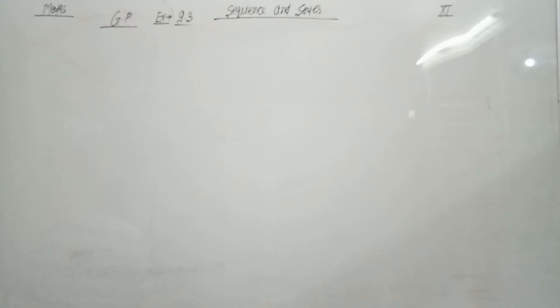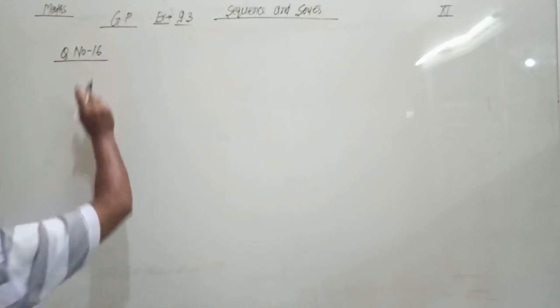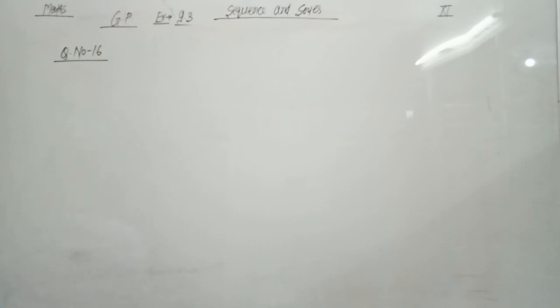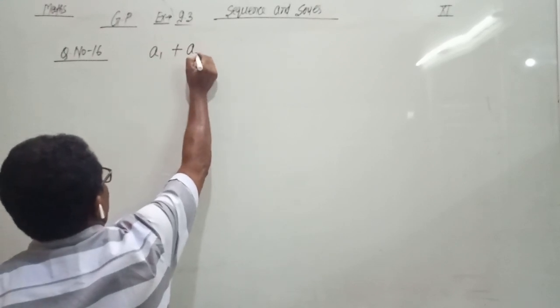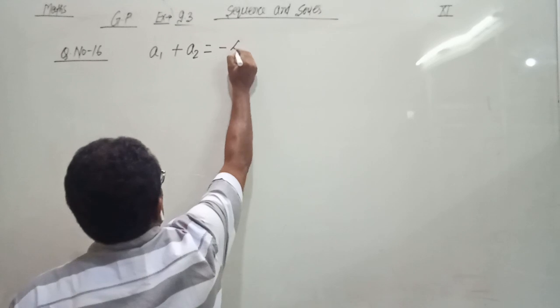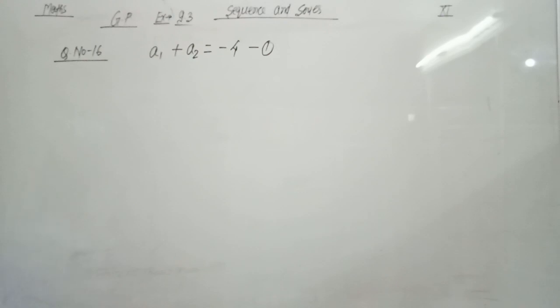Now question number 16. Find a GP for which the sum of the first two terms is -4, that is A1 plus A2 equals -4, and the fifth term is 4 times the third term.